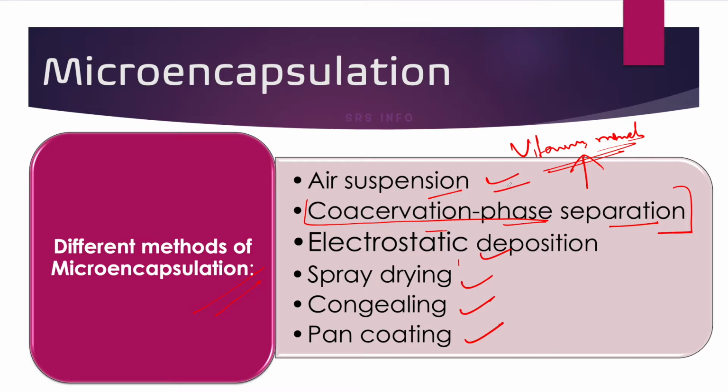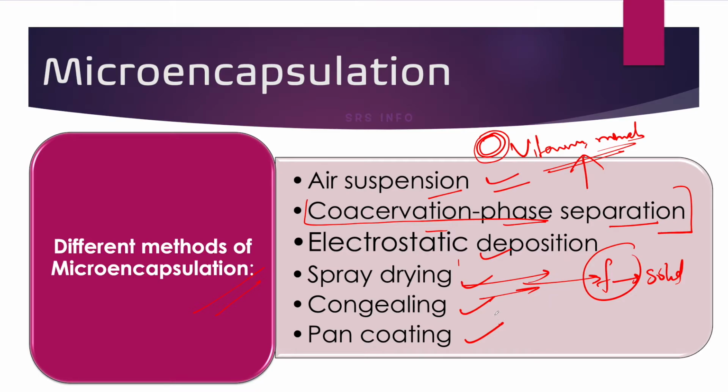The particles are coated and dried while given an upward moving current of hot air. Okay. This is the air suspension method. Then spray drying is the same as air suspension, but it is a continuous transformation of the material from the fluid state to solid state by spray drying. The coating also takes place along with the drying.